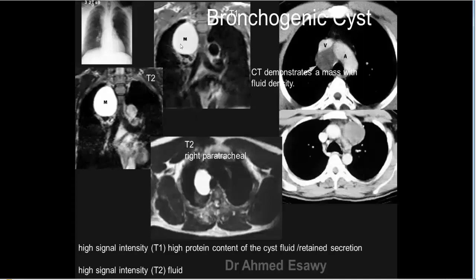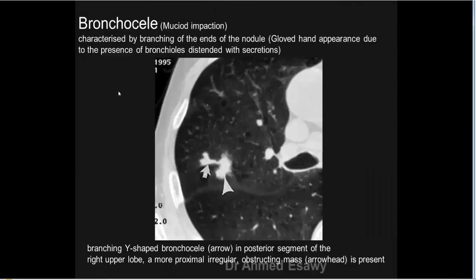Bronchogenic cysts present high signal intensity in T1 and T2. In T1, high signal intensity is due to the protein content of the cyst, retained secretion. In T2, high signal intensity is due to fluid content. This bronchogenic cyst on CT demonstrates a fluid density, non-enhanced lesion.